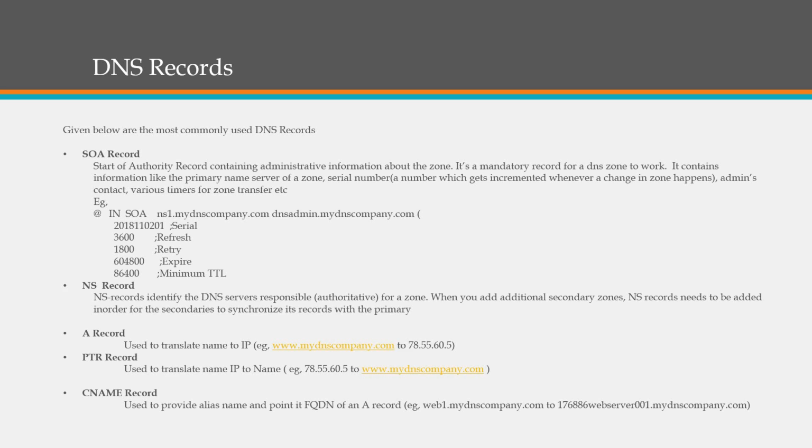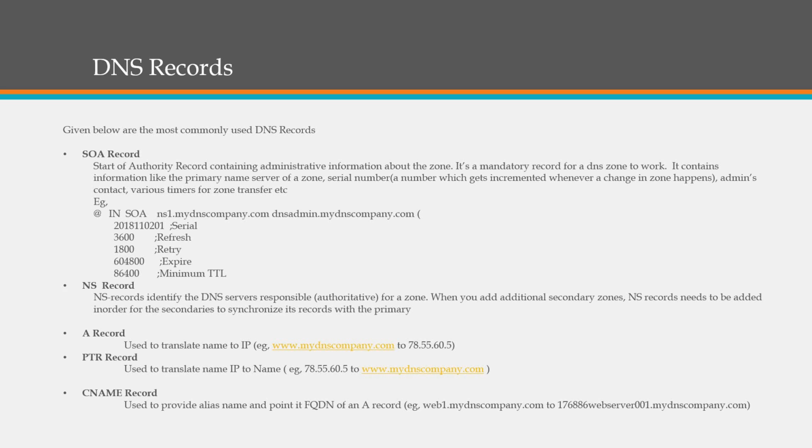For example, let's say we have given an alias of web1, which is very easy to remember, web1.mydnscompany.com, but the actual A record is a very complicated name, with some numbers, like webserver001. So rather than remembering this weird name, it's easier to provide an alias and use that.